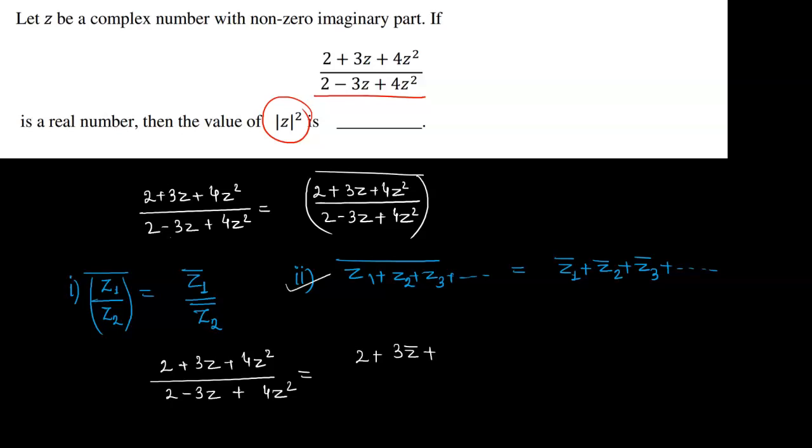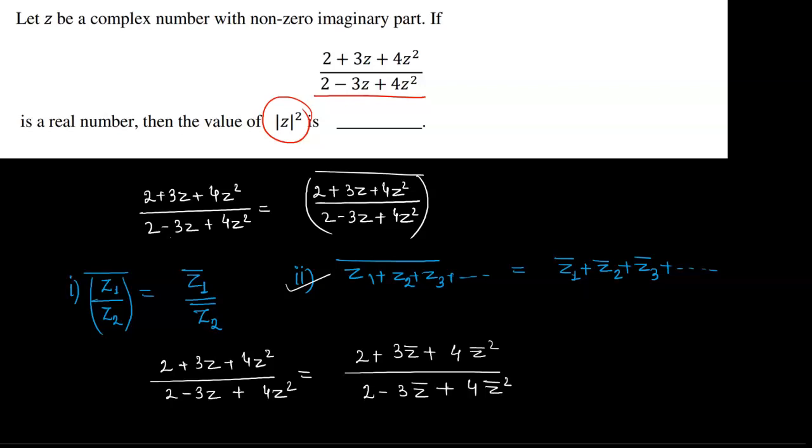I have used this addition property here. So 3z bar plus 4z bar whole square. Again, the denominator will also have the same case, z bar plus 4z bar.